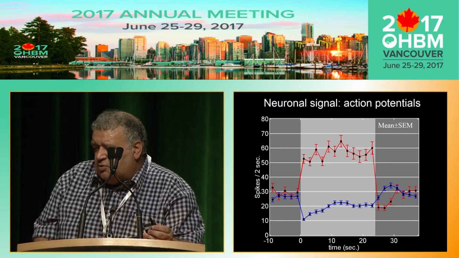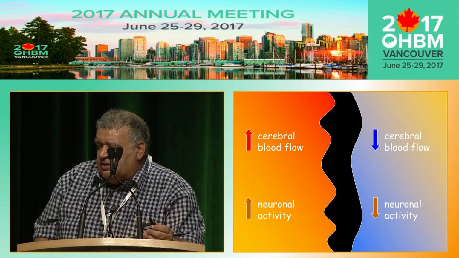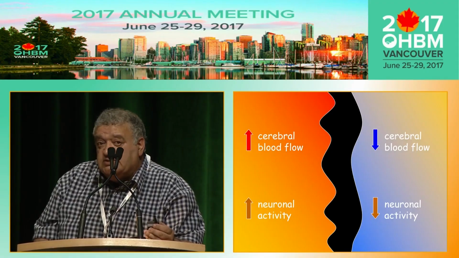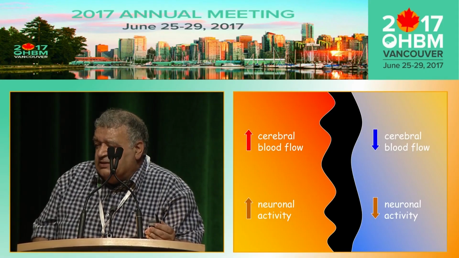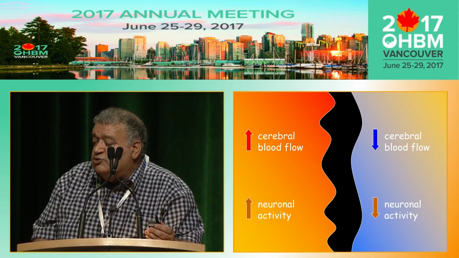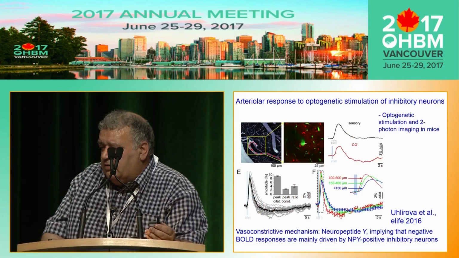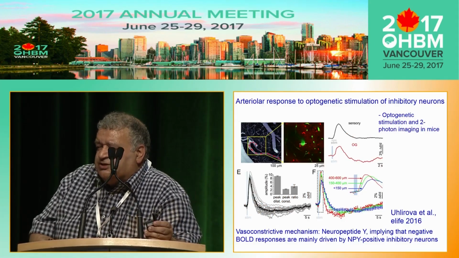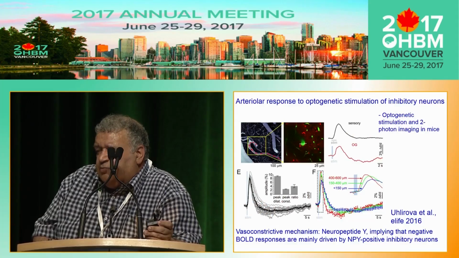And this phenomenon can also be seen in just measuring action potentials. And therefore, negative BOLD responses in this paradigm can be interpreted as cerebral blood flow decrease due to decrease in neuronal activity.